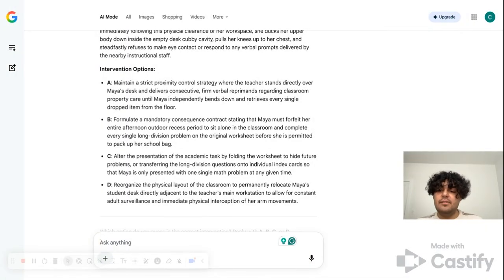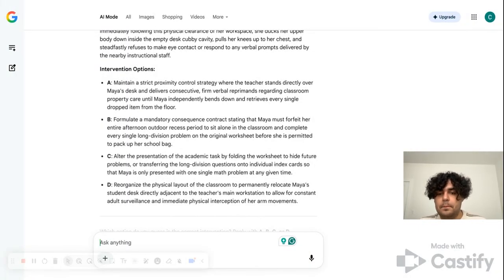And as far as a long-term behavior plan is going to go, it's not going to help, because one, you're going to lose trust because she did probably get to pack up her school bag before she finished it, and two, forcing it in the tone that I'm assuming is also not going to help. There's no replacement behavior here. It's more of just actual consequences. Not the consequences we use on ABC, a different type of consequence.